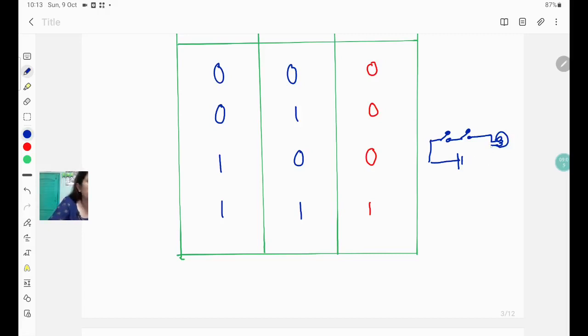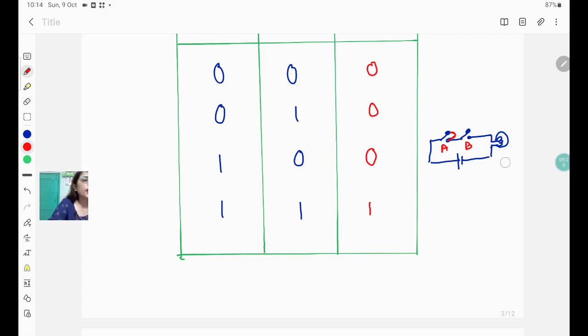In this scenario, you can see, this is A and this is B. If A is on, that is this one is closed, and B is off, that is it is open, in that scenario the circuit is open and the bulb will not glow. That is 0.